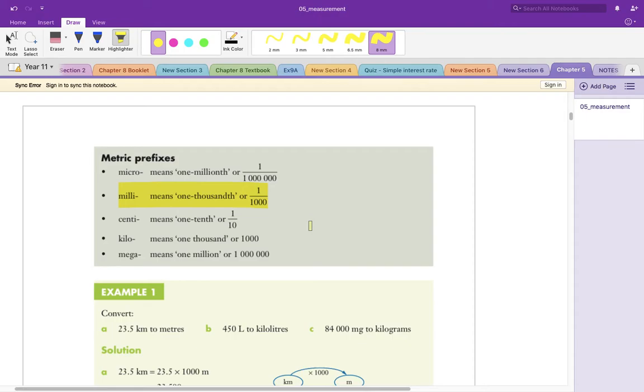So if you want to go from meters to millimeters, you multiply by 1,000. And kilograms and grams, that's also 1,000. It just means if you change grams to kilograms, you can divide by 1,000, vice versa. Mega is 1 million.